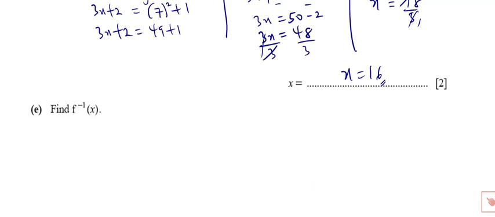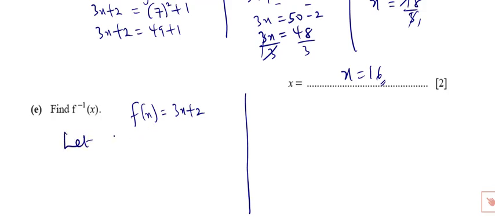Okay, the next one, we have to find f inverse of x. Now recall that f of x equals 3x plus 2. Now in my previous video, I showed us how to find the inverse of a linear function. It's just three steps. So the first step is to write this function as variable y. So I say let f of x equals y. So it implies that y equals 3x plus 2.